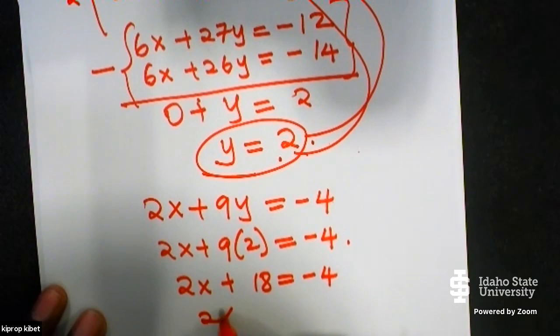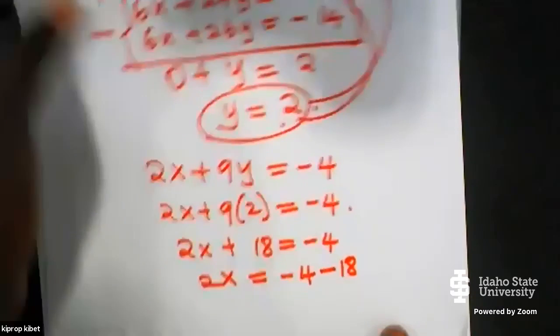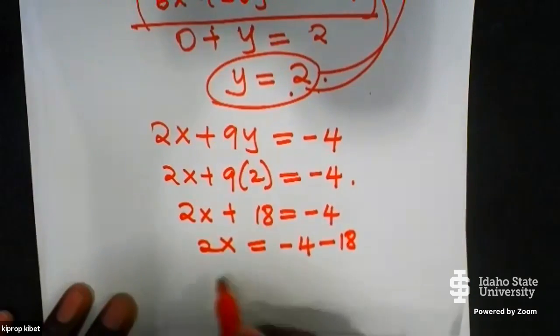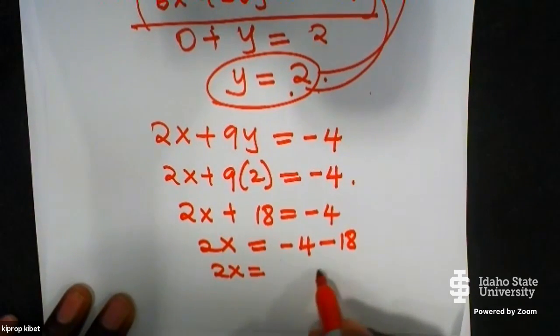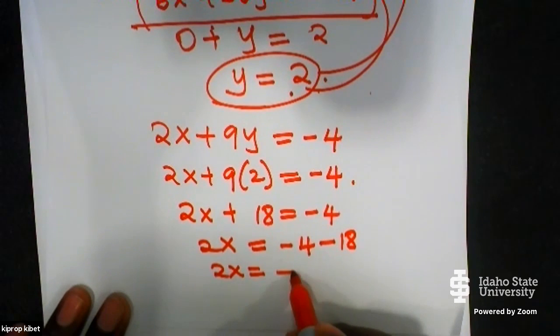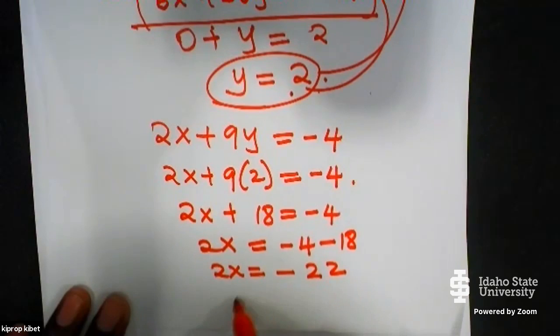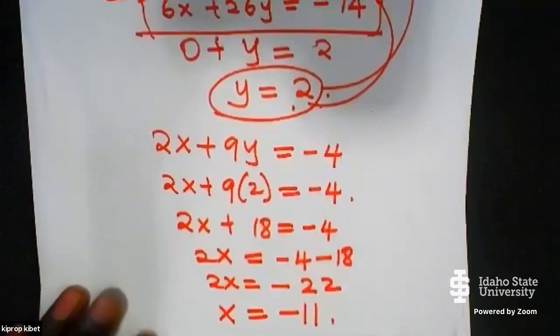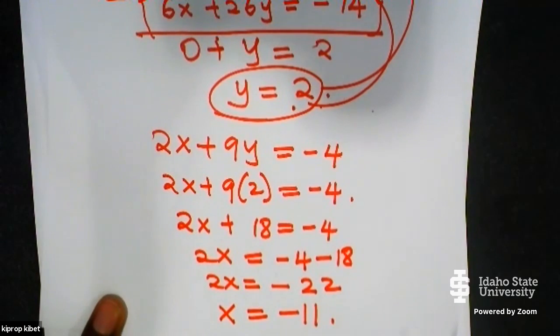So 2x equals to minus 4 minus 18. So 2x equals to minus 4 plus minus 18 is what? Minus 22. So x equals to minus 11.